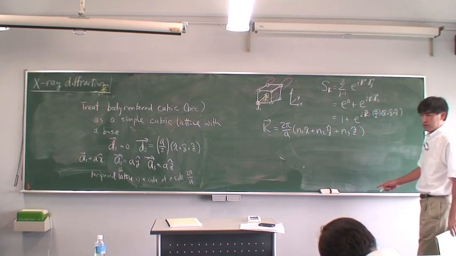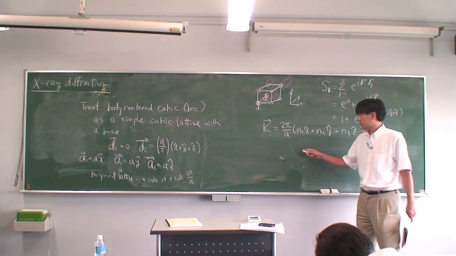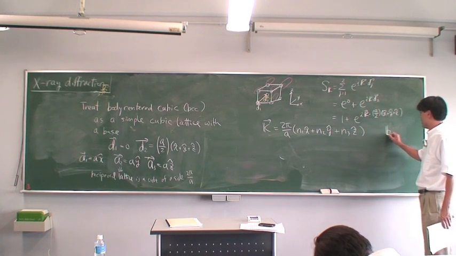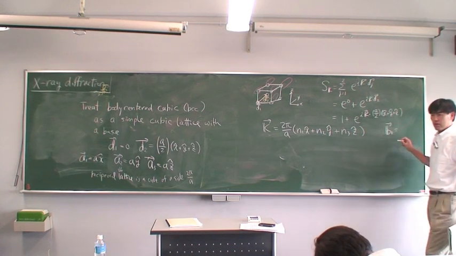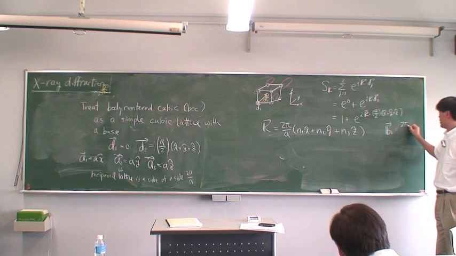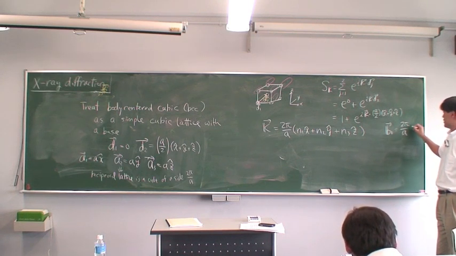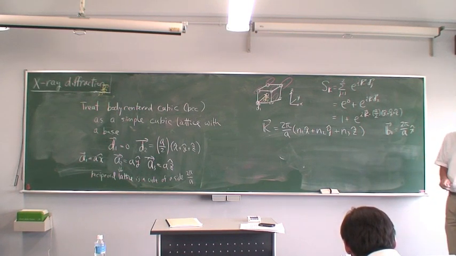And of course, because this is a reciprocal lattice vector, all I'm saying is that B1 is 2π/a x-hat. That's all I'm saying, and likewise B2 and B3.